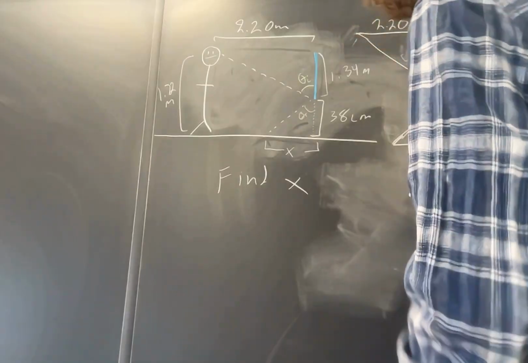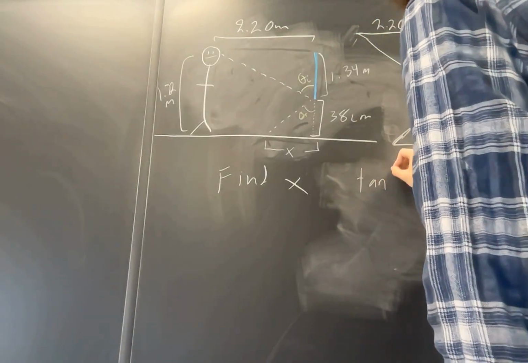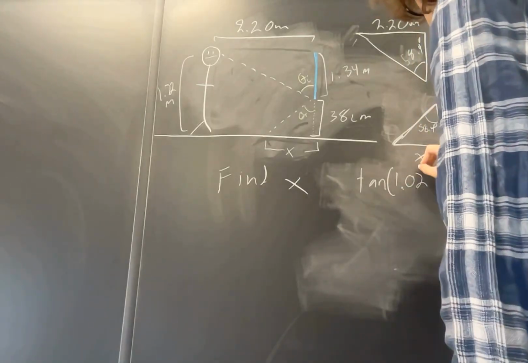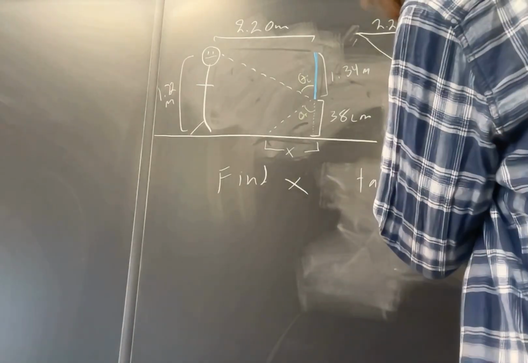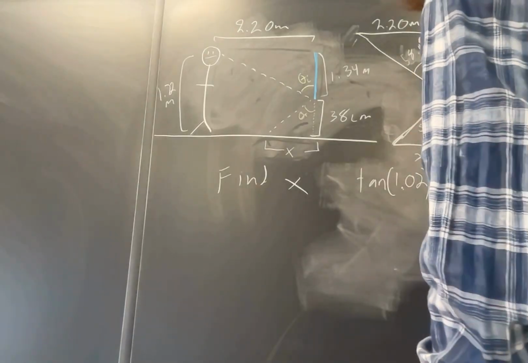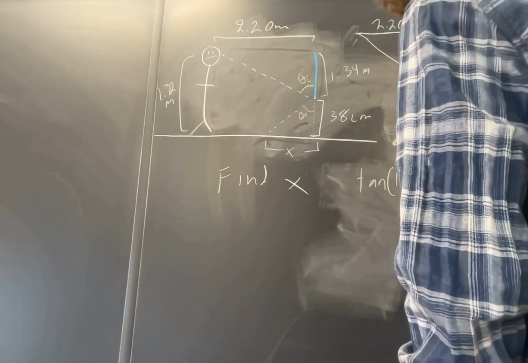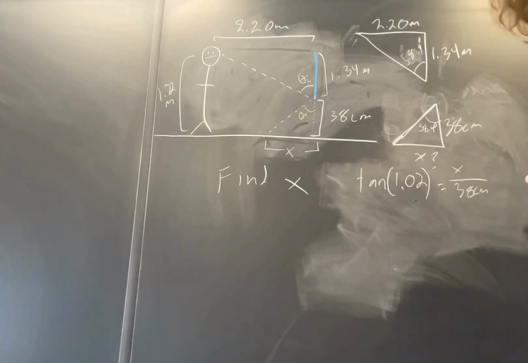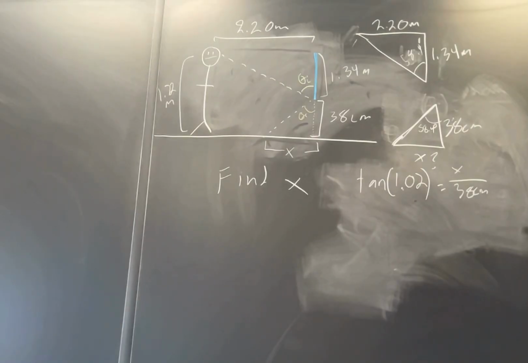So let's say tangent of 1.02. I'm going to stick it in radians because that's my calculator. That's the adjacent side over 38 centimeters. So all it's going to be is 38 times tangent of 1.02, and we'll get our answer in centimeters.